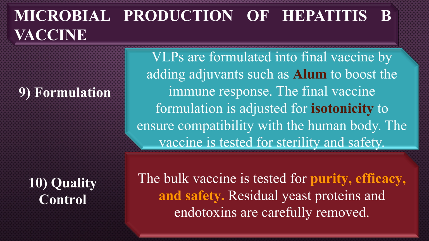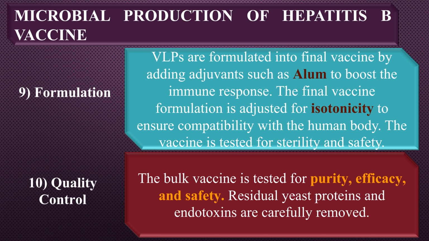Step 9. Formulation. The assembled virus-like particles are formulated into the final vaccine preparation by adding adjuvants such as alum, that is aluminum hydroxide or aluminum phosphate, to boost the immune response. Stabilizers such as phosphate buffer may also be added to maintain the antigen structure and activity.